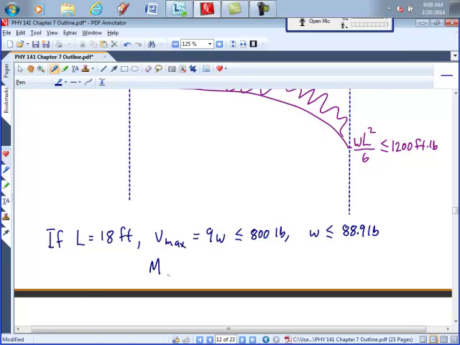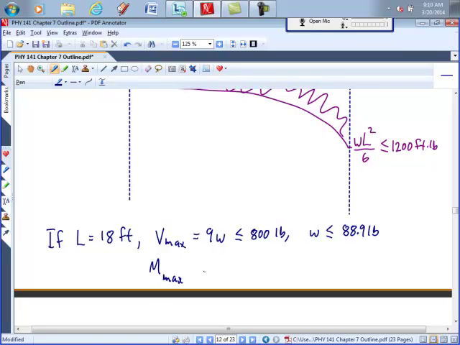And M max, if L equals 18 feet, that's going to be W times 18 squared. So it'd be 81 times 4, 244? 324? That's what I said. So 324 divided by 6. 54.